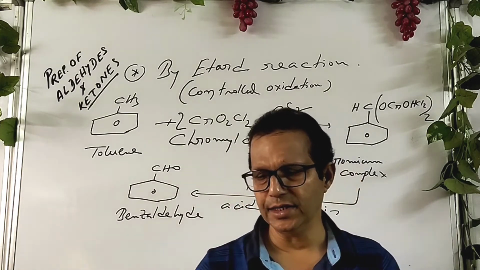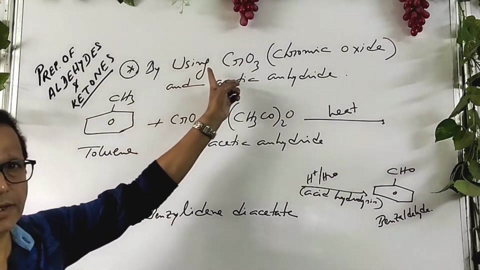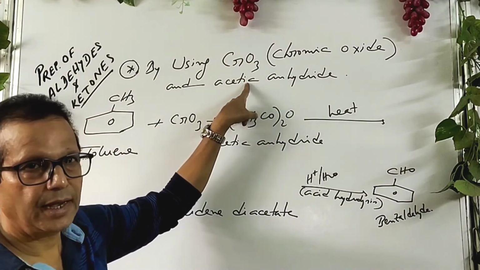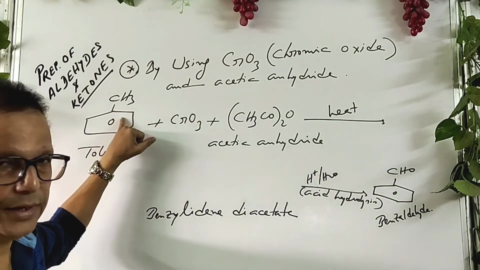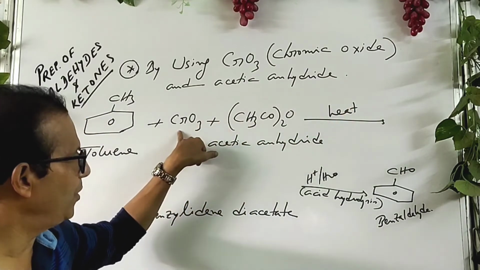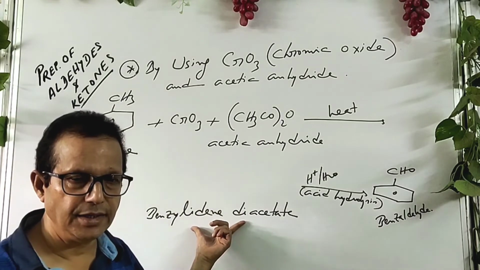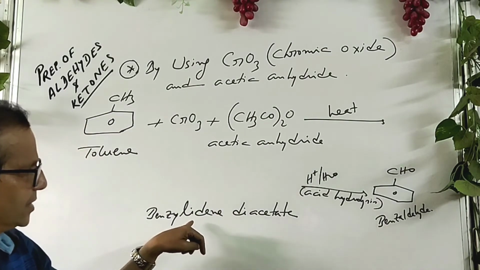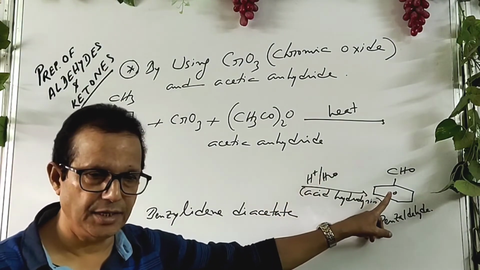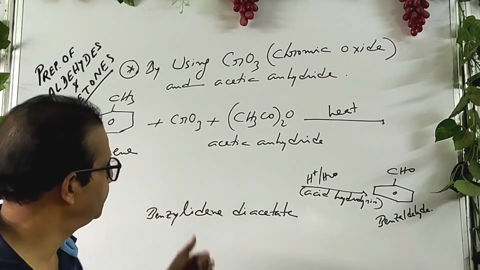Okay, again technique is there. We get one intermediate called benzylidene diacetate, which on acid hydrolysis gives benzaldehyde. Listen the technique. Follow the technique, how to write it.